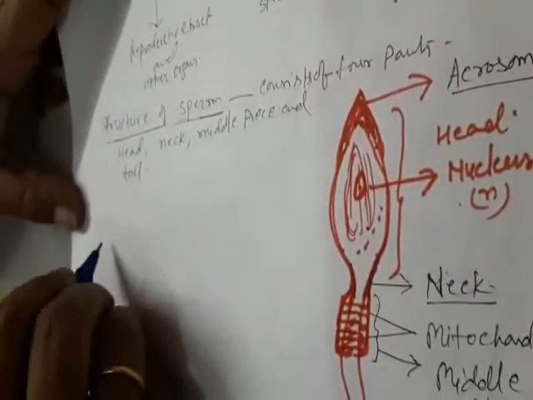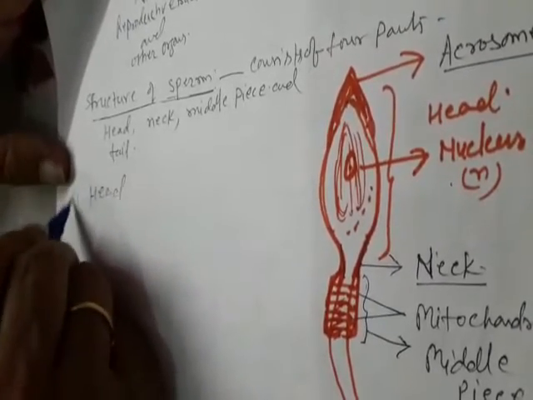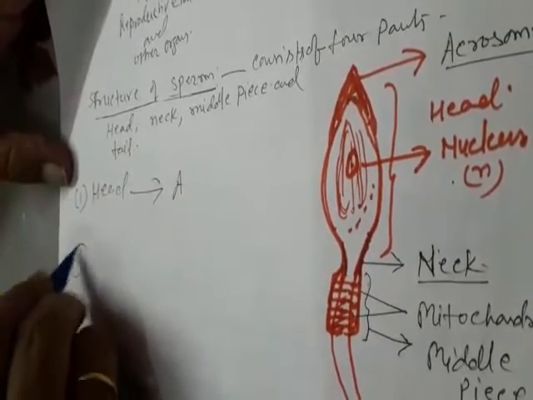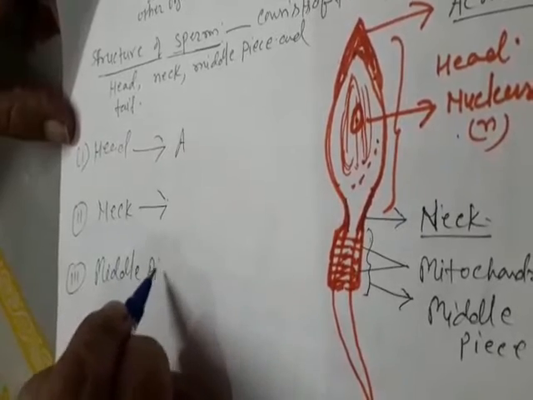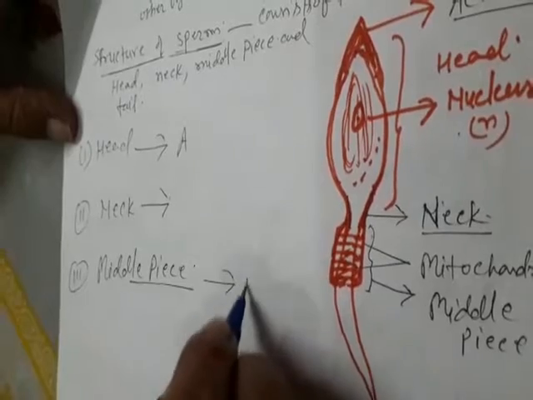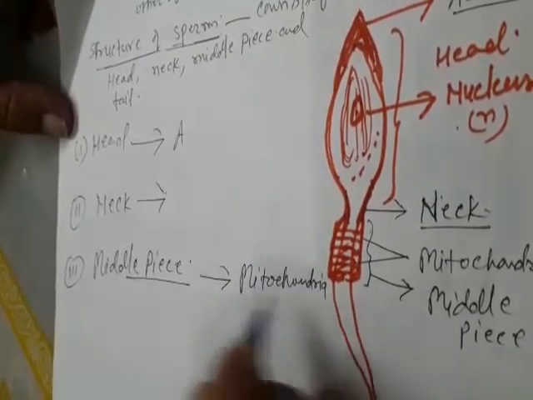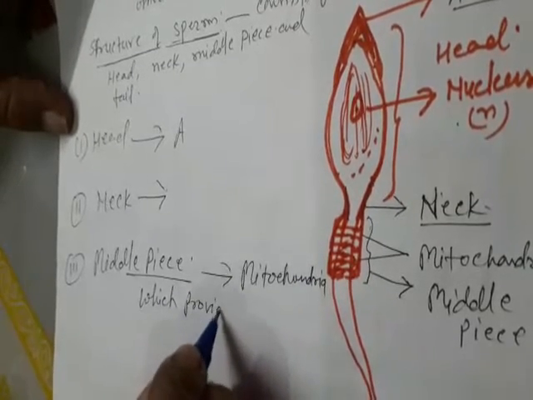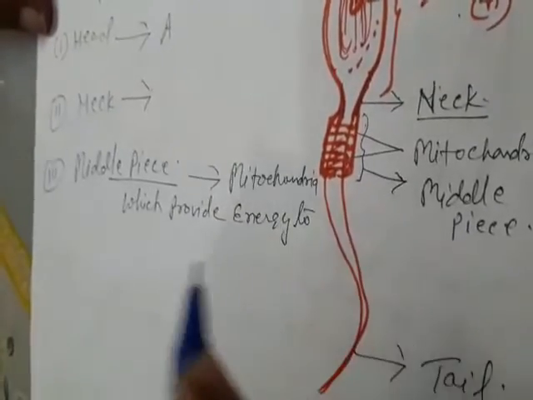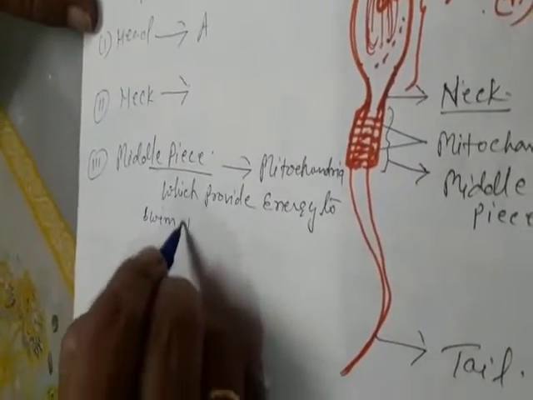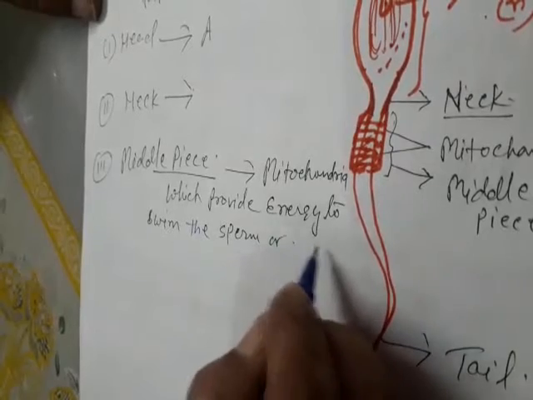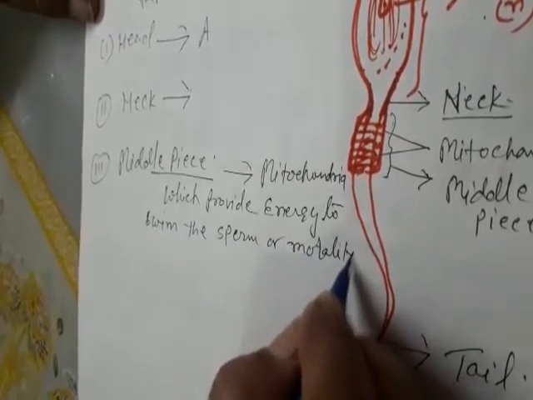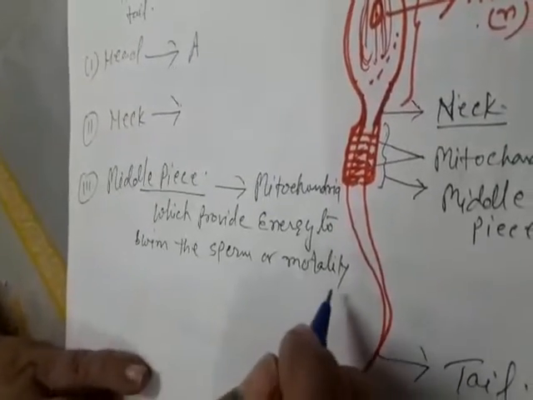And this portion is known as the tail. The middle piece contains mitochondria which provide energy to swim the sperm, for motility of sperm.